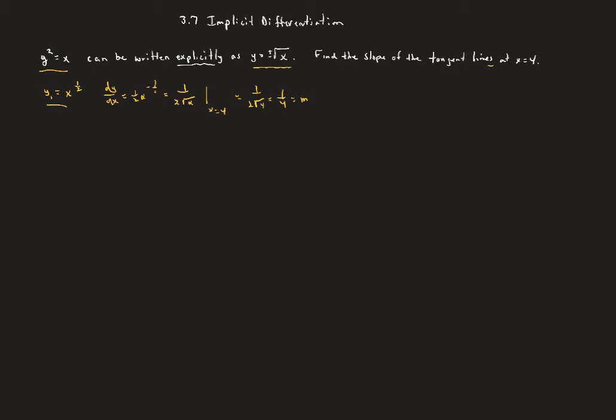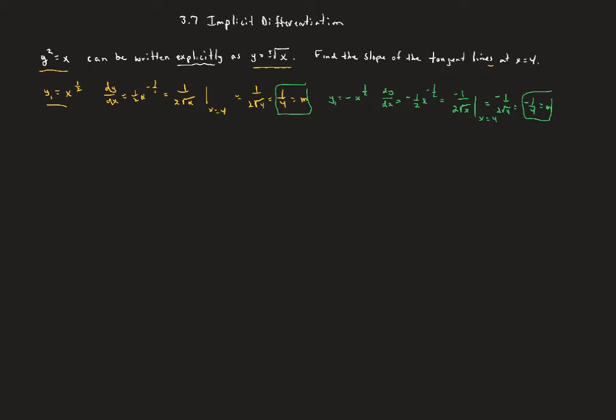Then looking at the second function, the y equals negative x to the 1/2, then its derivative, dy dx, will be a negative 1/2 x to the negative 1/2, which is a negative 1 over 2 square root of x. And when we evaluate that at 4, we'll get a negative 1 over 2 square root of 4, which is a negative 1/4. And that would be the slope of that second tangent line.